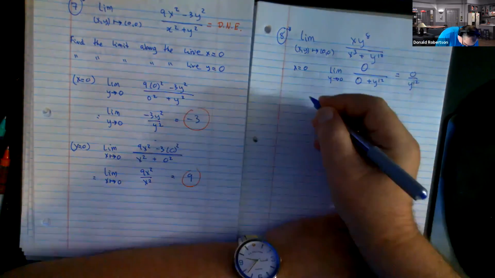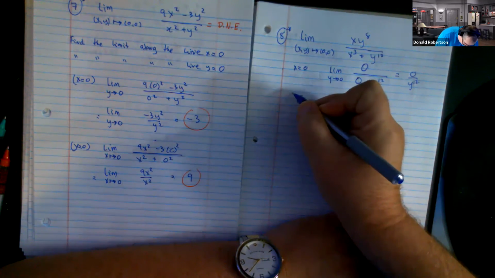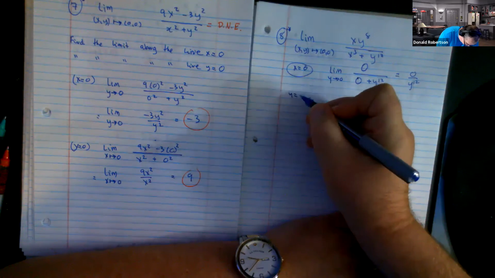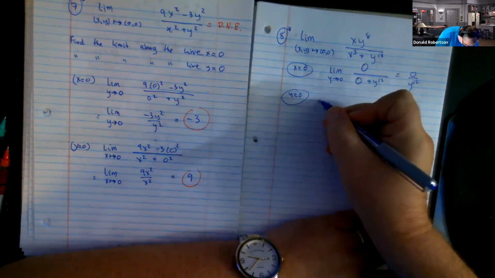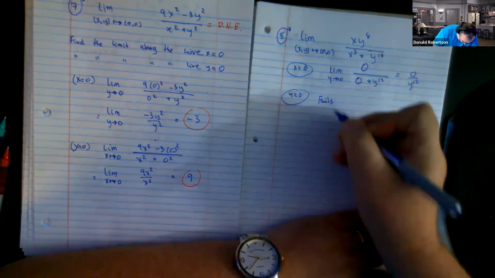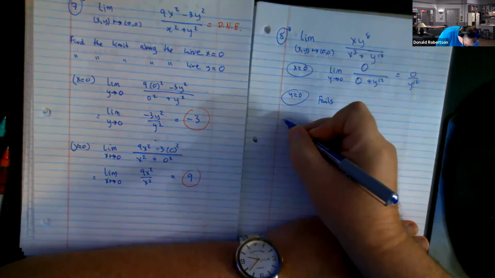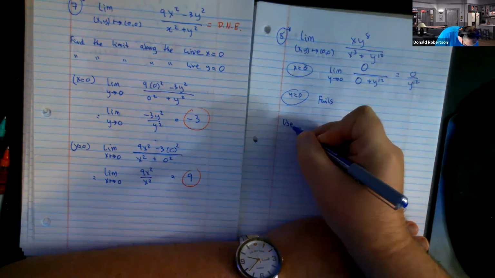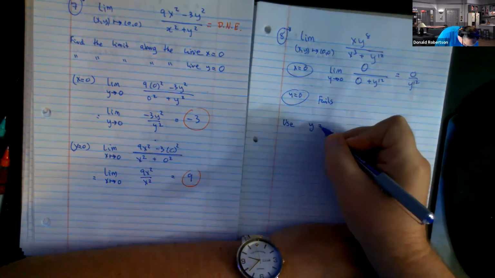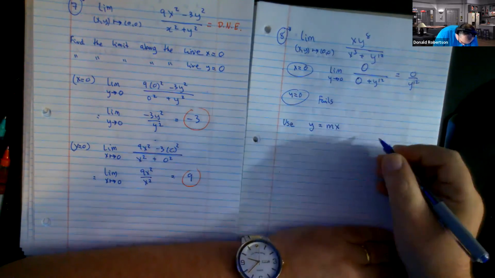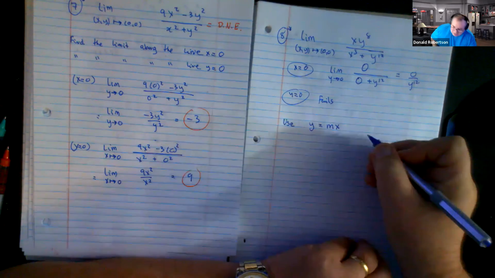So what do you do when traveling along x equals 0, and can you trust me, y equals 0 also causes problems? When this fails, in other words, I don't know what the answer is using that technique, then you use this technique. We go along the line y equals mx.